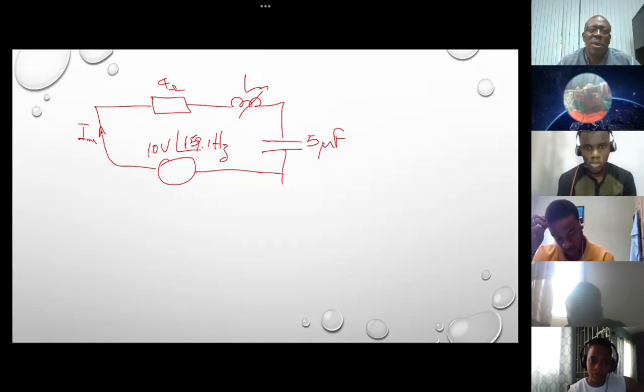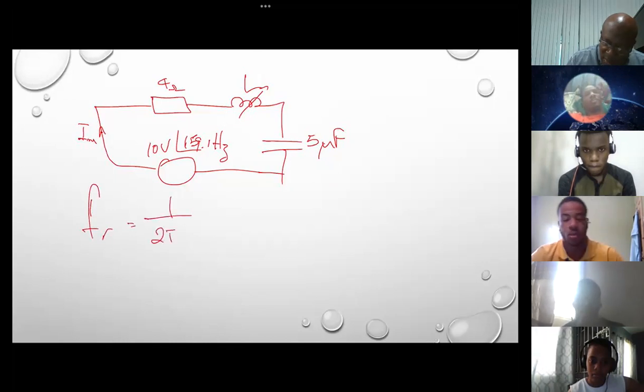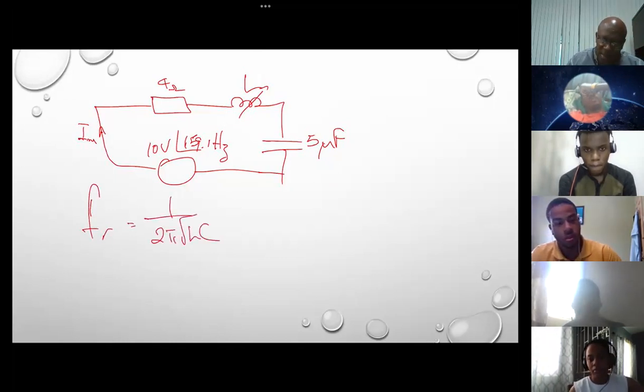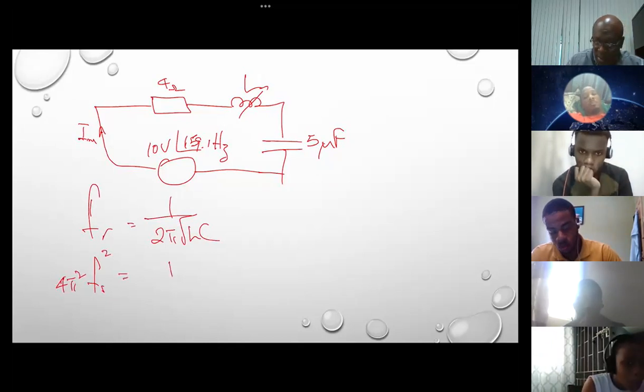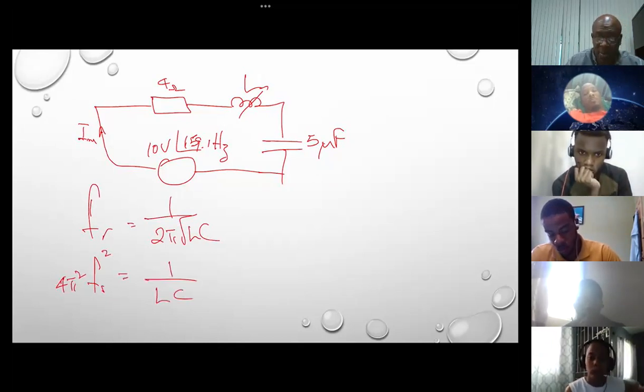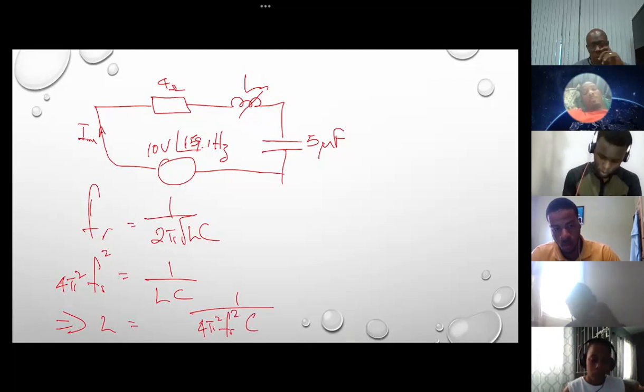All right. Everybody with me? So from FR is equal to 1/2 pi root LC, yes? We have 4 pi squared FR squared is equal to 1/LC, yep. Which implies that L is equal to 1 over 4 pi squared FR squared C. Calculate that for me, please.